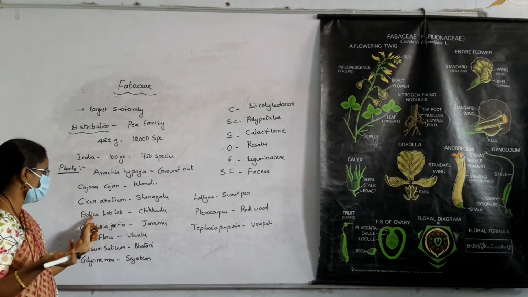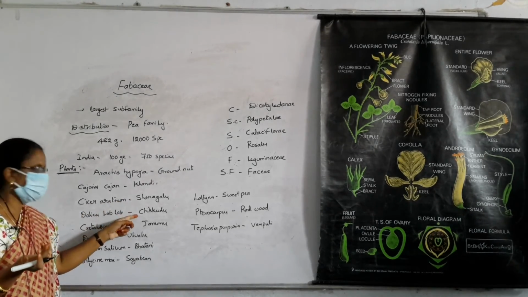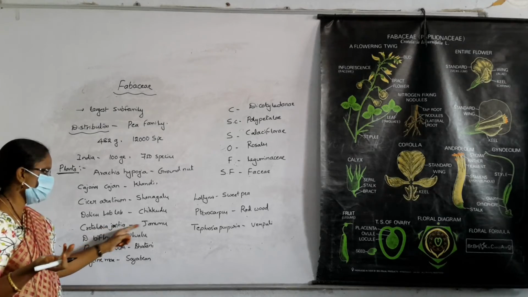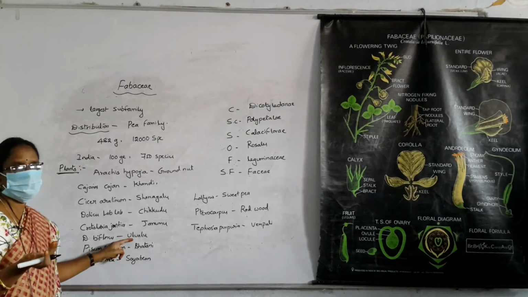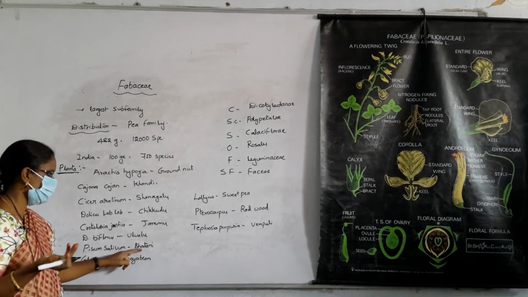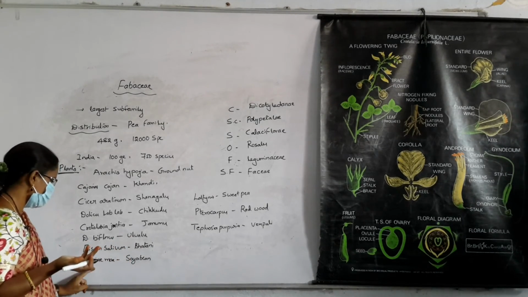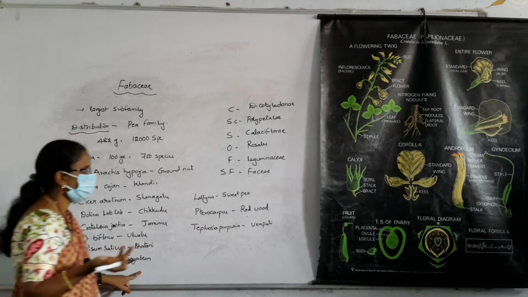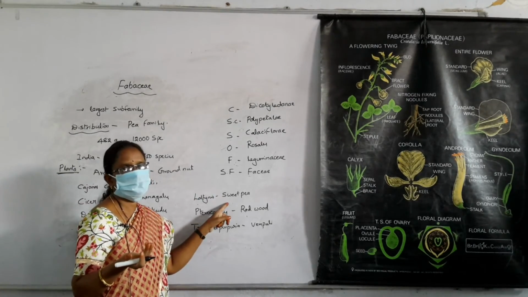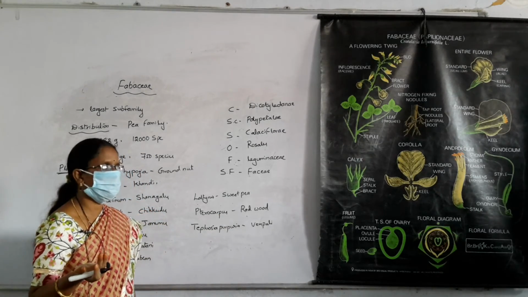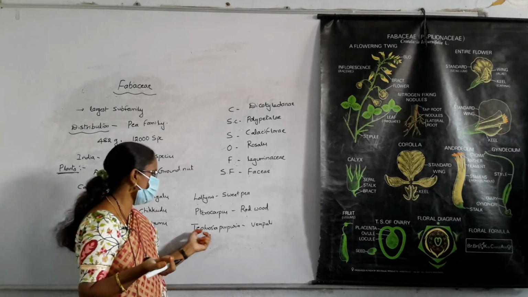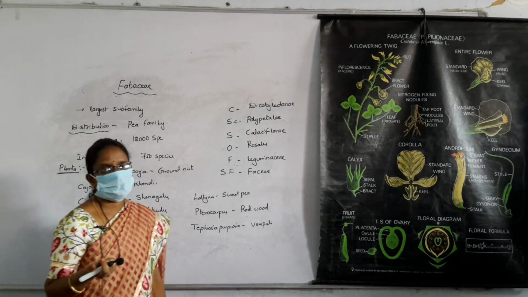Dolichos lablab chikkudu, Crotalaria juncea Janumu, Dolichos biflorus ulvalu, Pisum sativum, Glycine max soybean, and Lathyrus sweet pea. Next, Pterocarpus red sandalwood, and Tephrosia purpurea Vempali.